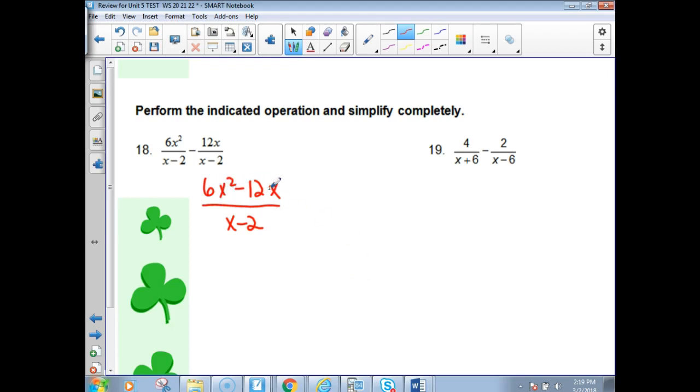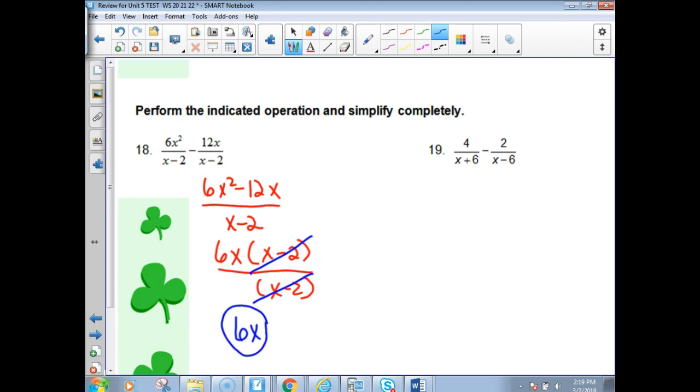Now that I have my correct numerator, I want to factor it. That would be factoring out a 6x, which leaves me with x minus 2. And we got an x minus 2 in the denominator, so we get to cancel that out. The final answer is just 6x.